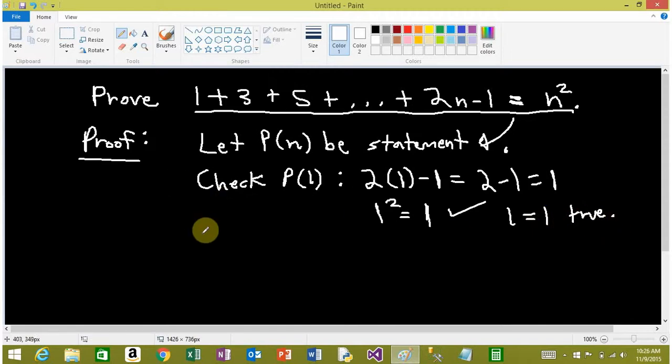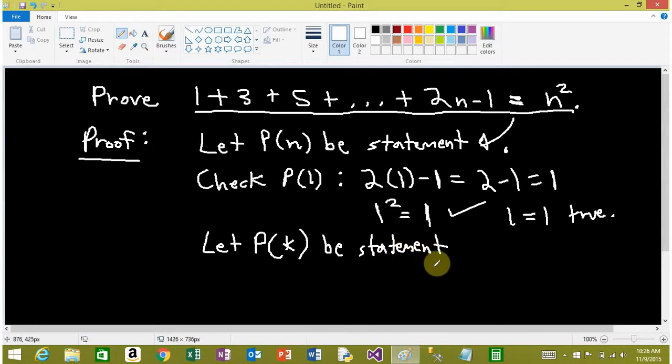And then now we let P of k be the statement. And this time you're just going to replace all the n's with k's.